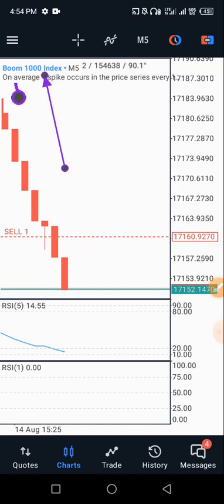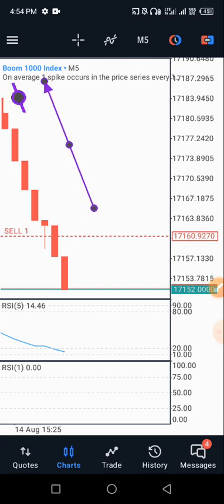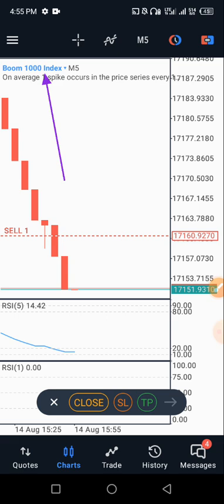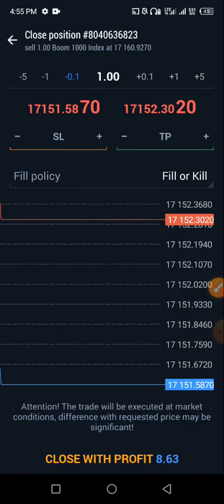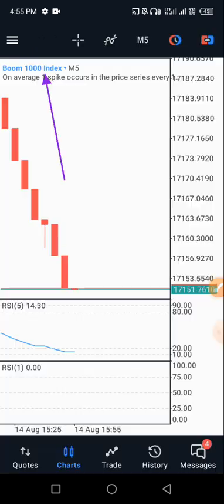And then we are going to be closing immediately we have our 10 candles because the boom 1000 market is highly volatile. So if you are not careful, a spike can catch you and then blow your account. So you want to be careful with this strategy. I'm just going to close now, because we have achieved our purpose here.